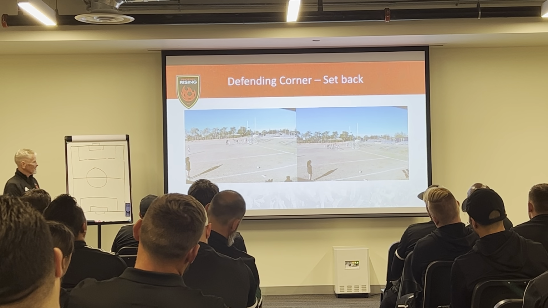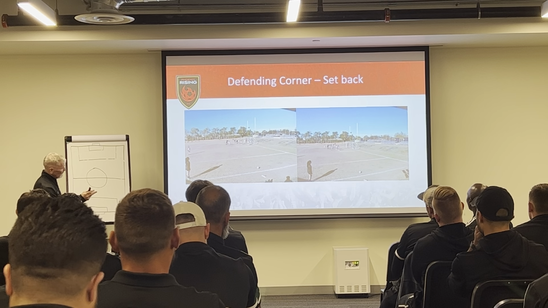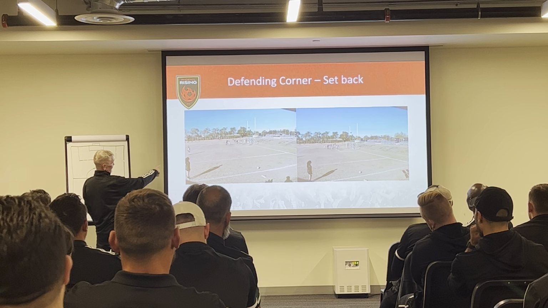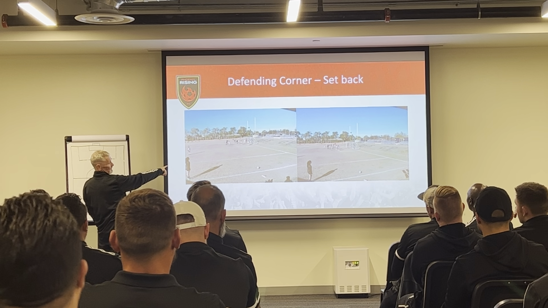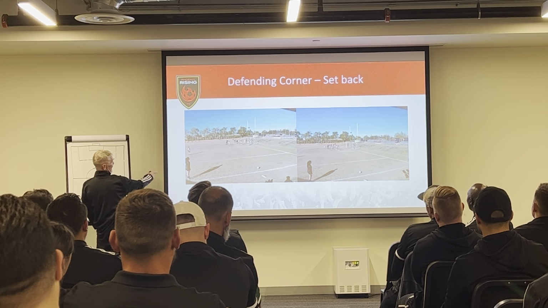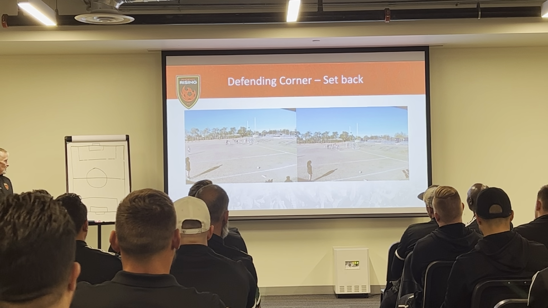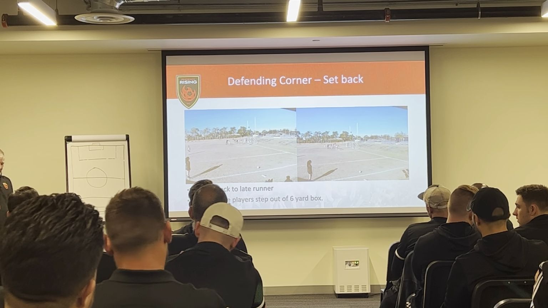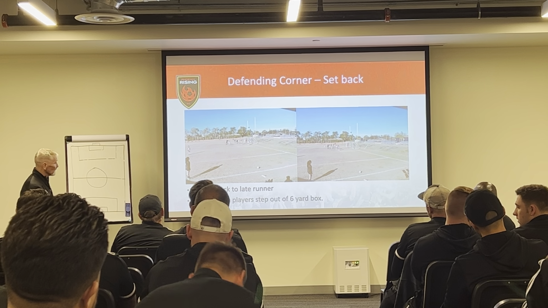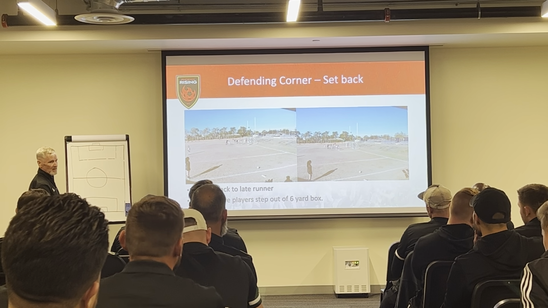Okay? So let's say they have a corner kick, and they have a late runner, maybe their right back comes in late and we don't track them, and they set the ball back for that player to serve it first touch. In that situation, all defensive players are going to step out of that 6-yard box and leave any attackers in an offside position in that space.